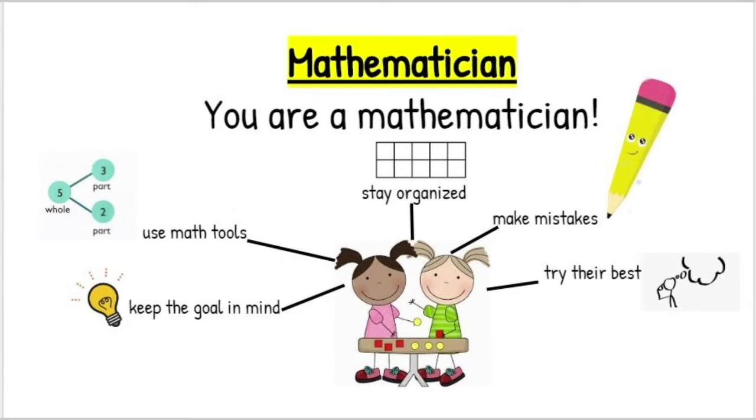They use math tools, and in our last video, we talked about these math tools that you see visuals of here, a number bond. And they also use math tools to stay organized, like the 10 frame. Good mathematicians make mistakes because they try their best and they don't give up.